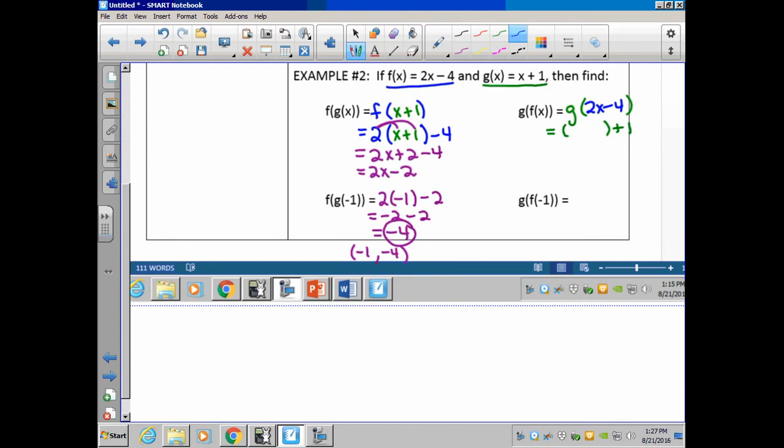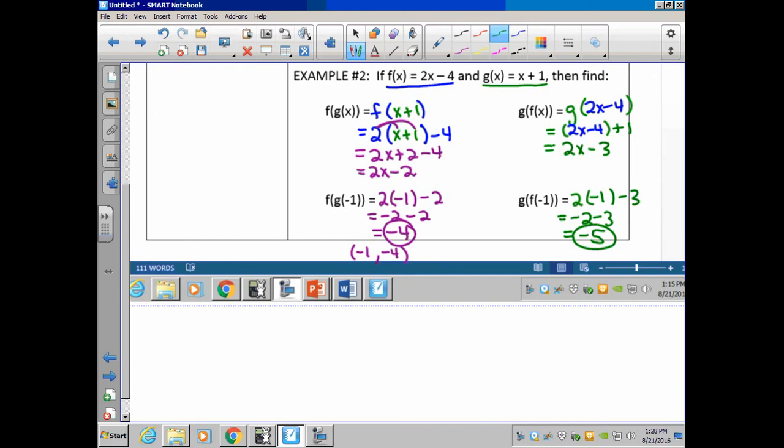So I'm replacing x with 2x minus 4. So 2x minus 4 plus 1 is 2x minus 3. So we have 2 times x minus 3, and if I replace it with a negative 1, it becomes negative 2 minus 3, which is negative 5.